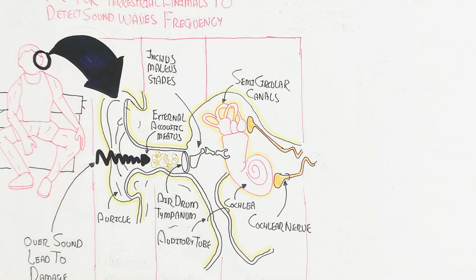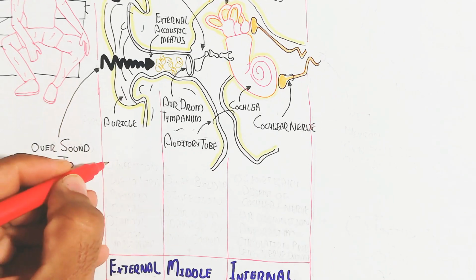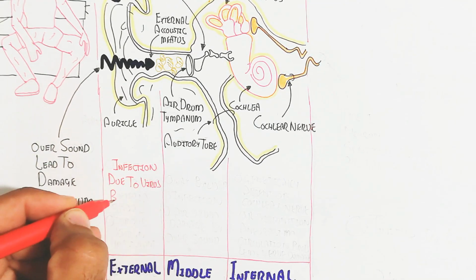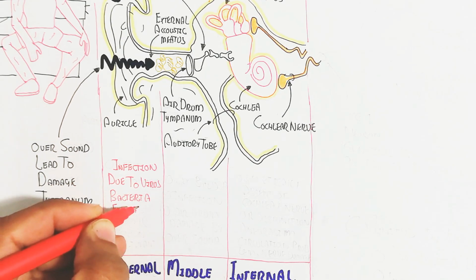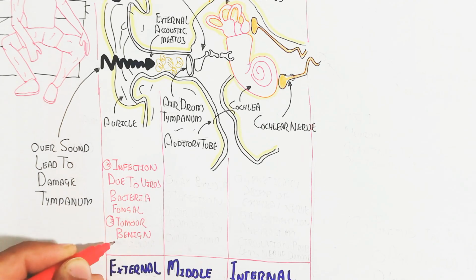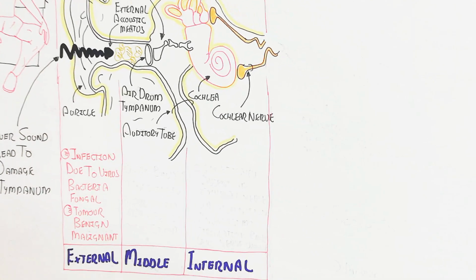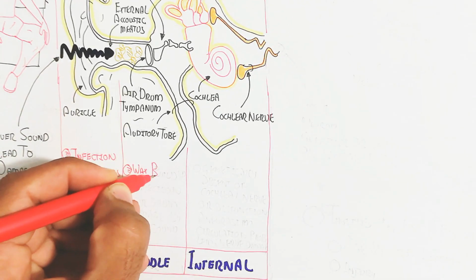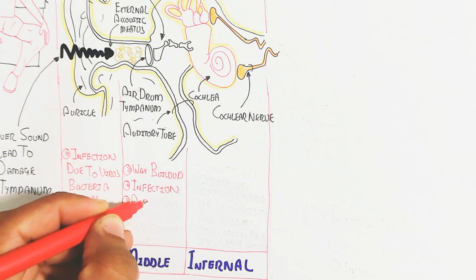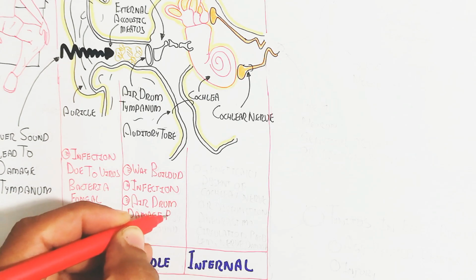The semicircular canal is used for balancing the body. External ear infection due to virus, bacteria, or fungal disease can cause dysfunction of hearing, and tumors, benign and malignant, can cause problems; early tumor formation can lead to deafness.